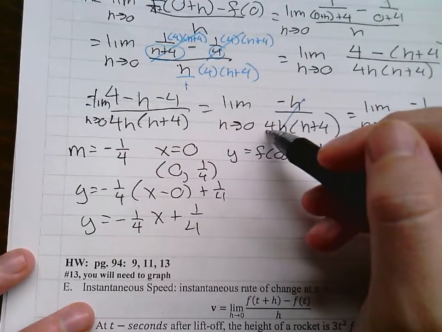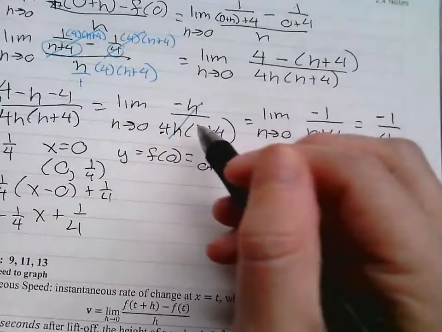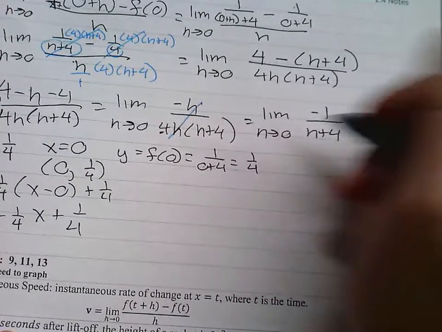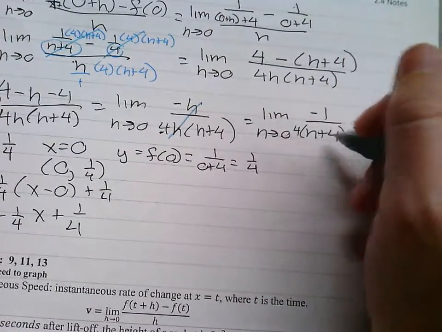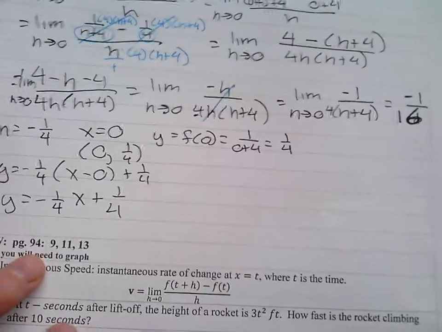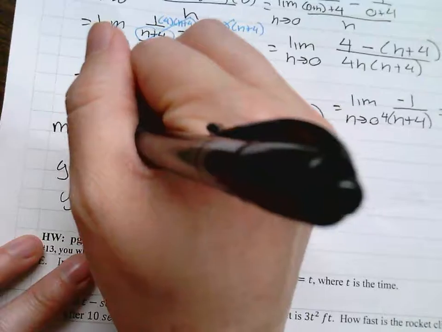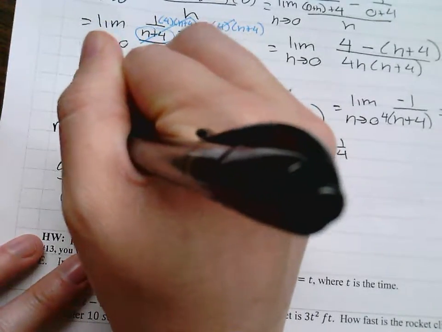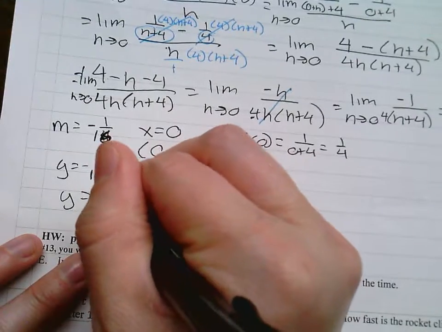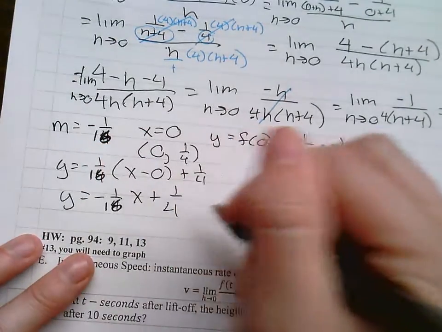And I forgot about that 4 being there, sorry. So that's going to be 4 times h plus 4, which is going to be negative 1 over 16, sorry. So my slope is negative 1 over 16. Okay.